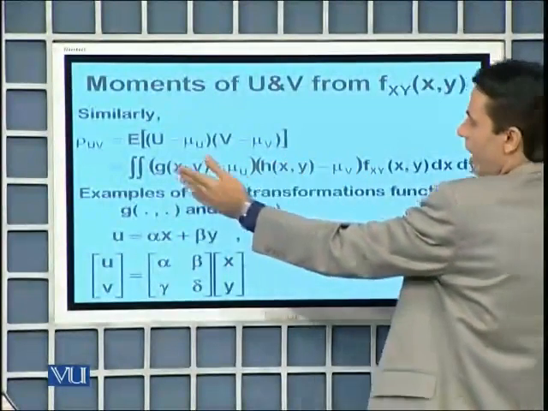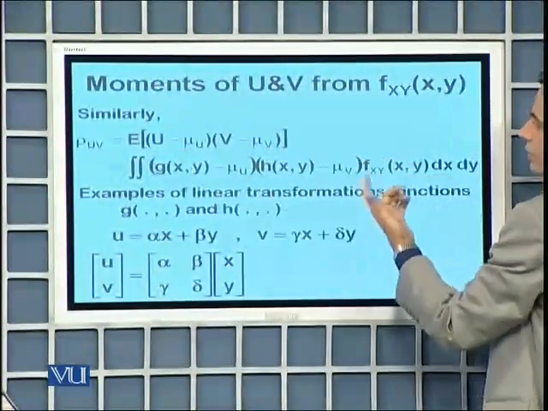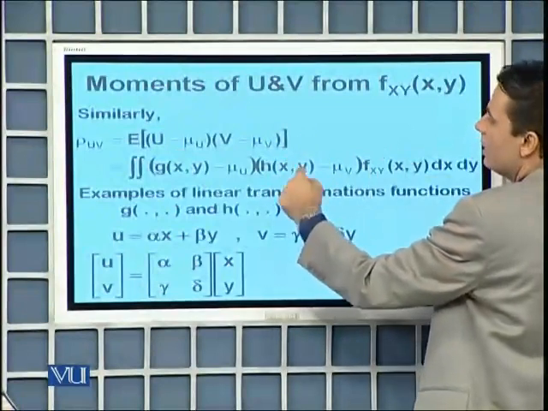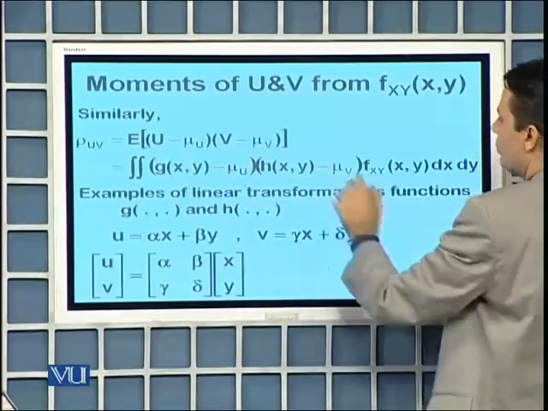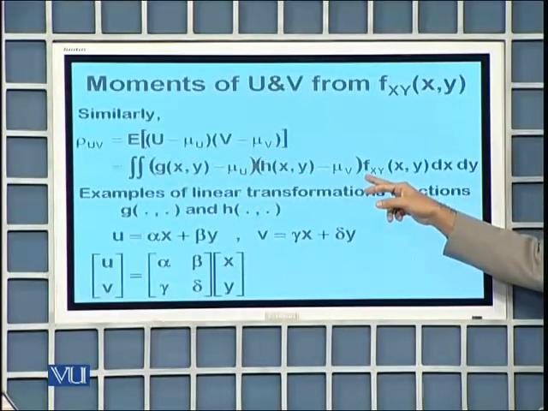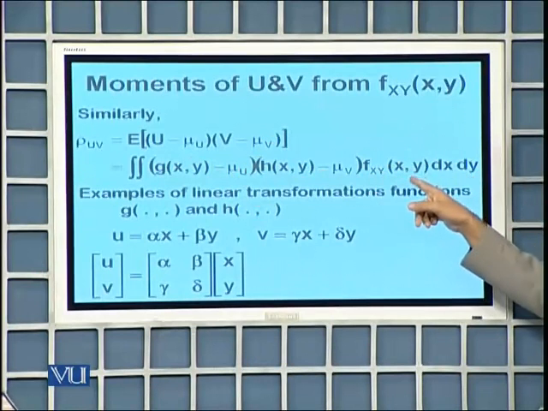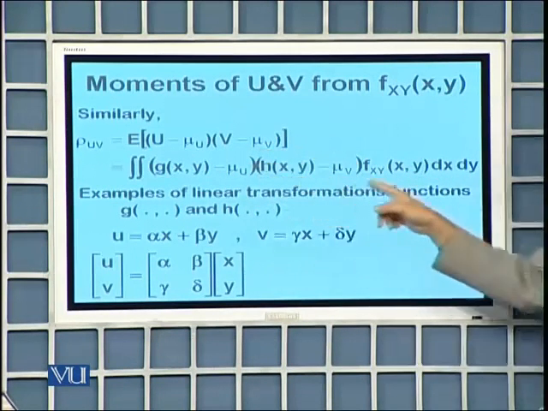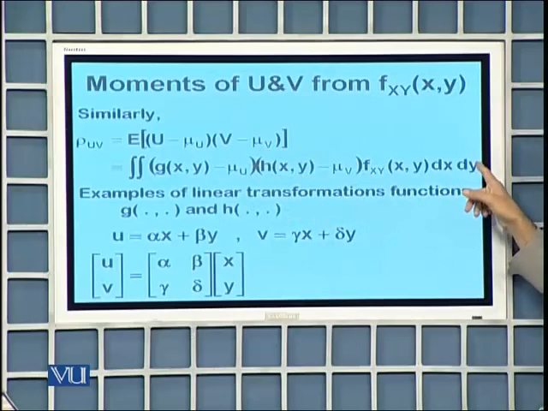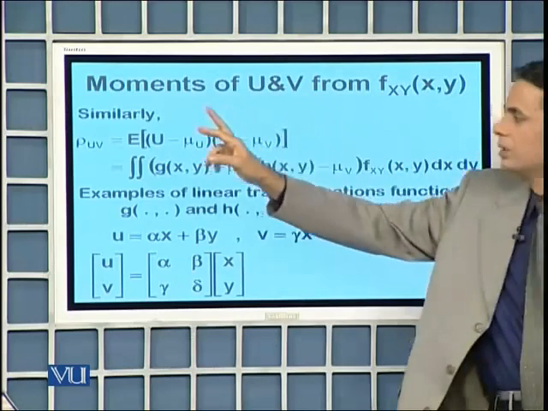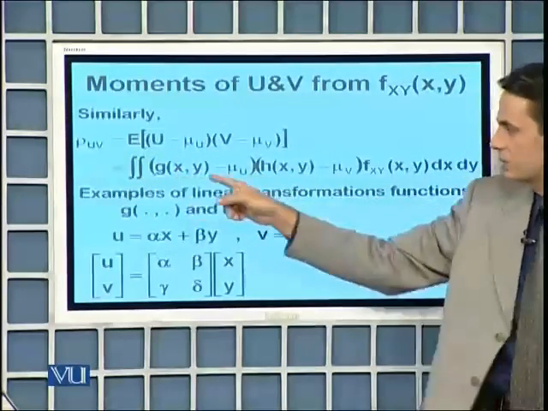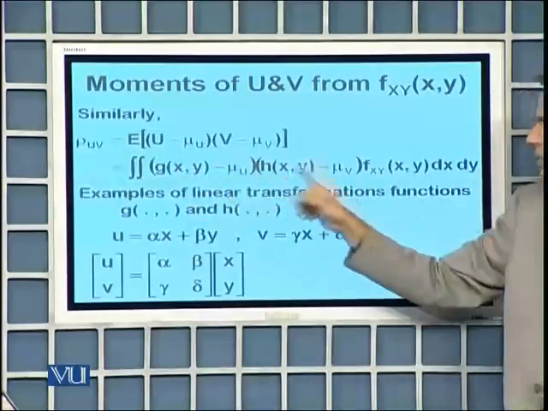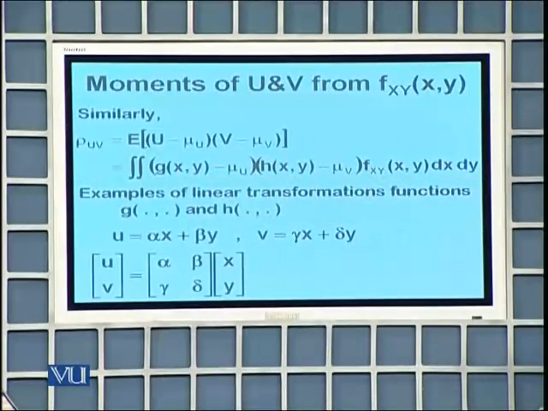Multiply these two, and now the whole thing is a function of x and y transformed through g and h. This function of x and y is multiplied with the joint PDF of x and y, and the whole expression is integrated over x and y, and you get your covariance of u and v through transforming functions g and h and the joint PDF of x and y.